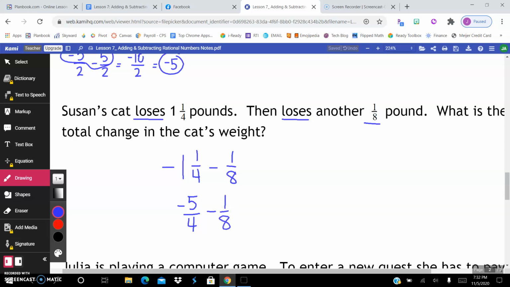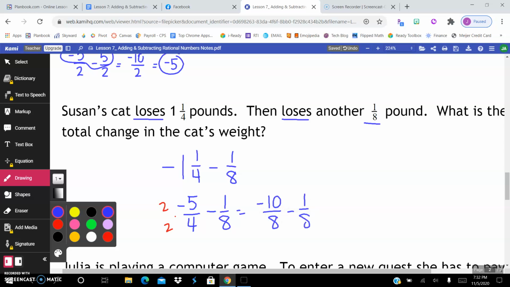So again, I can leave that 8 alone and I can make that 4 into an 8. So I'm going to times by 2 on the top and the bottom of the 5/4. So I'm going to have -10/8 minus 1/8. So we're going to carry over that 8. And then we're going to do -10 minus 1. So they're both negative.